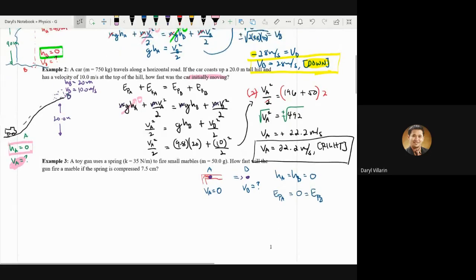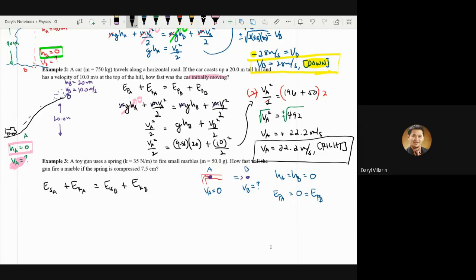So if I go back to my conservation of energy, I'm now just talking about the spring energy, or the elastic potential energy, plus the kinetic energy at A, is equivalent to the elastic potential energy at B plus kinetic energy at B. I don't have any gravitational potential energy here because there's no difference in height between A and B, so I can set that to zero.